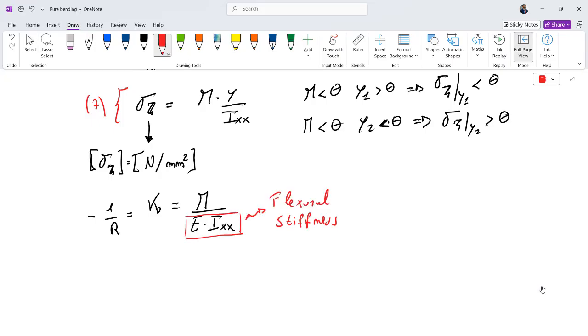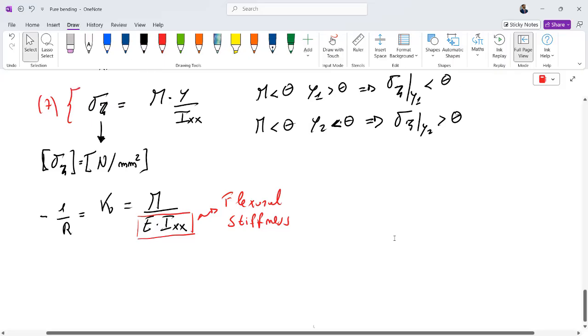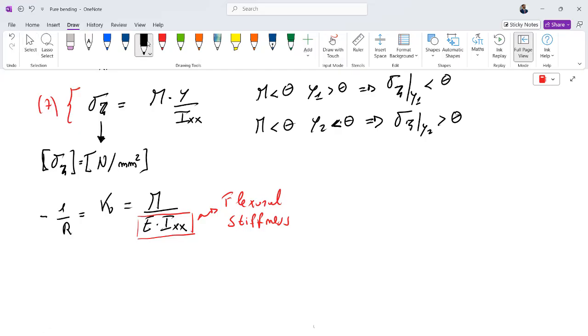So the higher the flexural stiffness, the lower the curvature and the higher the radius will be. That means that when this quantity is very high, the curvature is very low and the radius is very high. We can translate this as: when the beam has a high flexural stiffness, it is much more difficult for us to bend it.